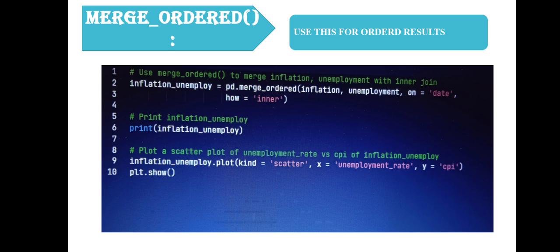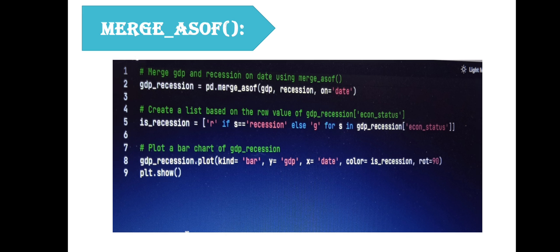If we want to plot a scatter plot of unemployment rate versus CPI of inflation_unemploy, then type inflation_unemploy.plot kind is equal to scatter, x is equal to unemployment rate, and y is equal to CPI, then plt.show(). Then merge_asof.